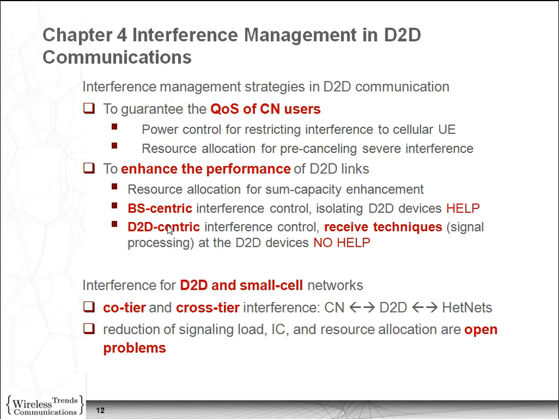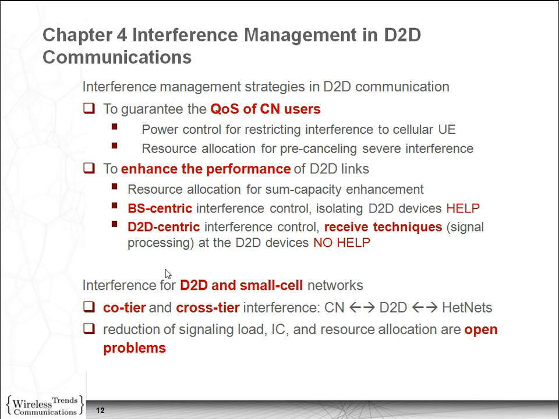There is another approach where you don't need to have the interaction with the base station, and in that case, that means that the receivers have the capabilities to perform these receive techniques and to mitigate interference. In that case, we don't need any help from the base station. But there are different flavors, and this is just very general what could be done here.